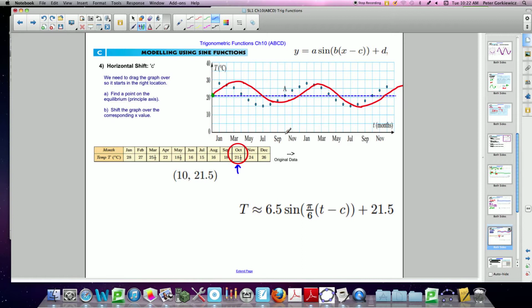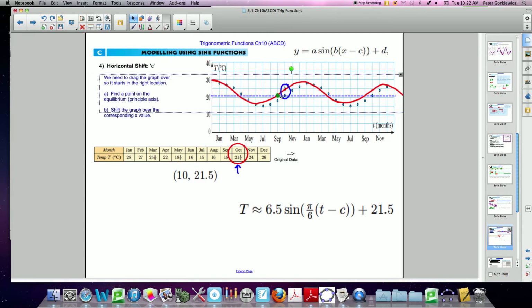So here's September, October. This point, point A, is right on the equilibrium. So one thing we could do is take this green point, which I know starts on the equilibrium, and drag it over to point A. And then we lock in, and we've got this all synced up.